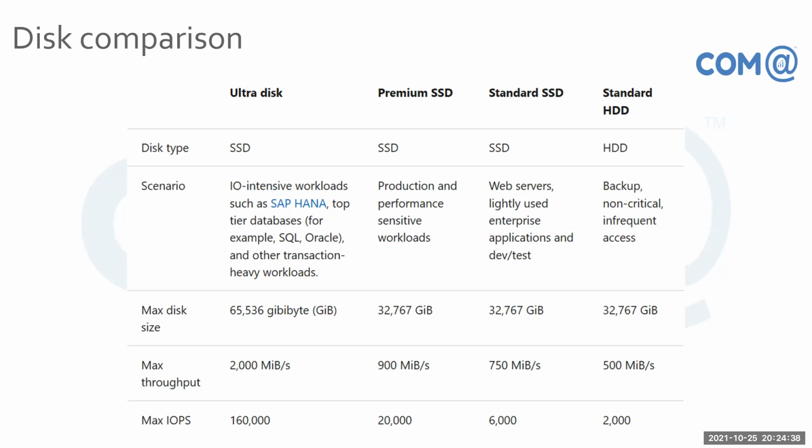You have RPM 5,400, 7,200, 10,000, and even 15,000 RPM, right? All four are SATA disks, but you still have different levels of performance based on the RPM. Similarly here in SSDs, you have differences in performance based on the technology used.